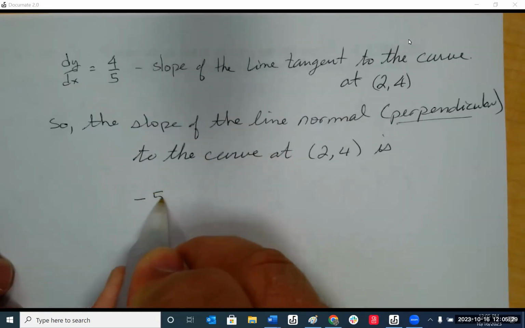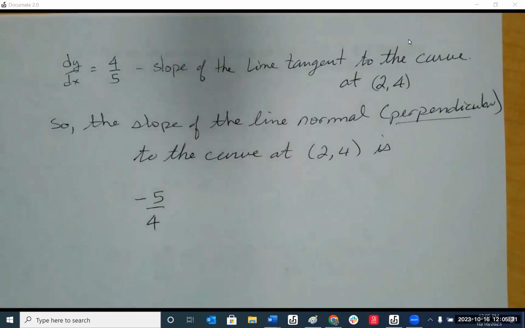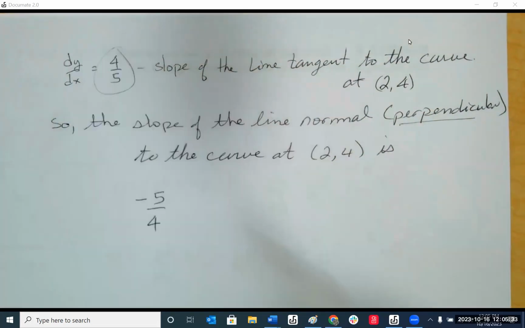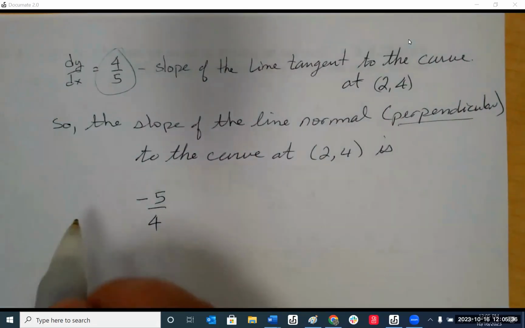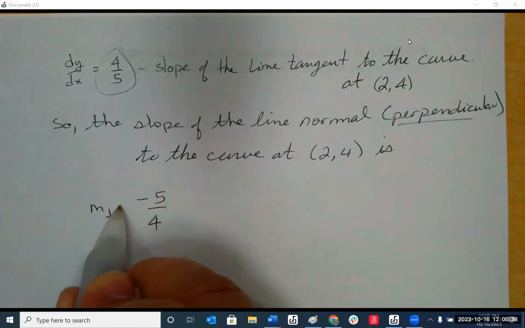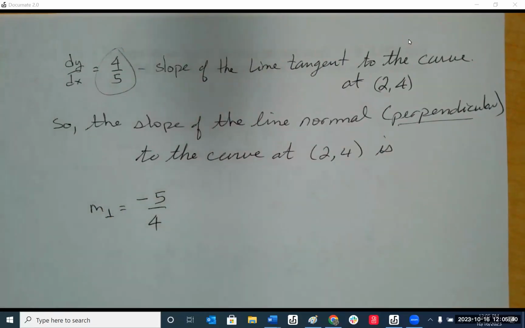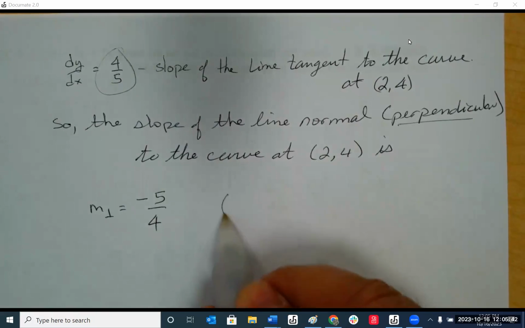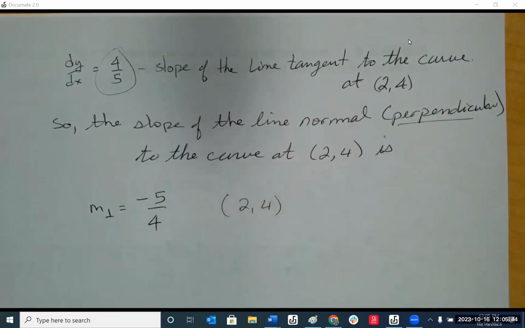So it's negative 5 over 4. We have to change the sign and flip it. That will give you the slope. And the point is still the same, 2, 4.